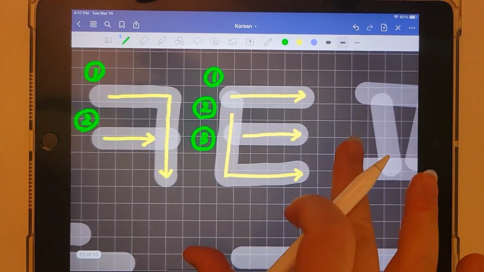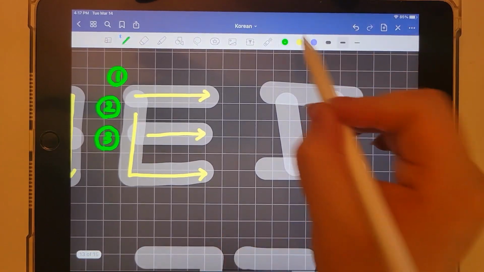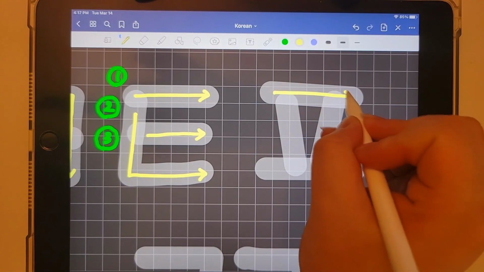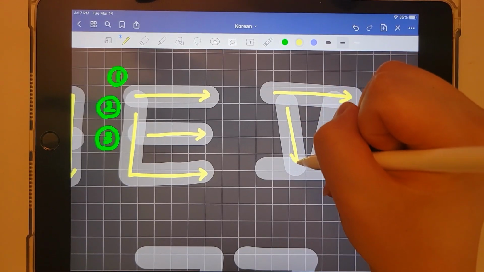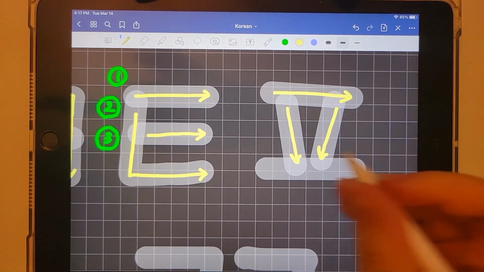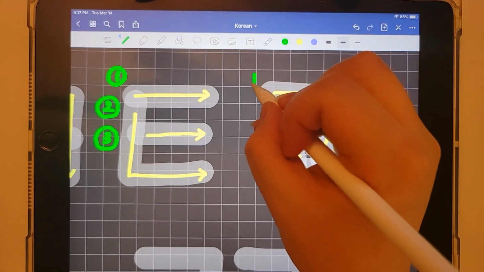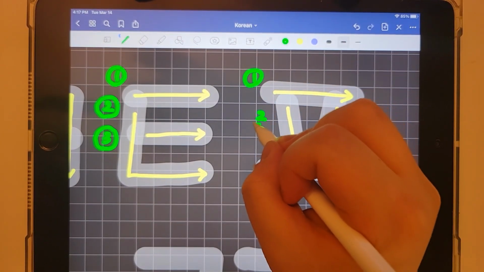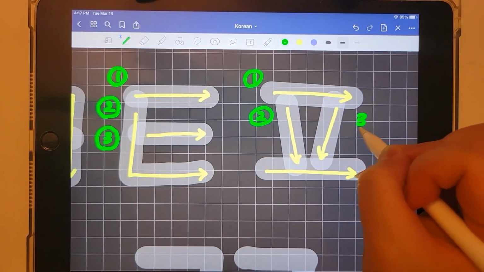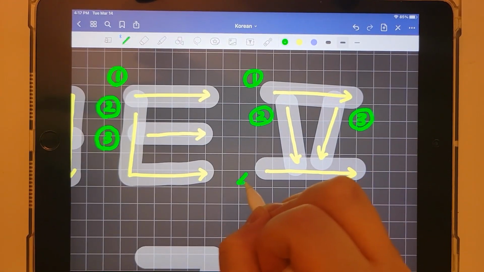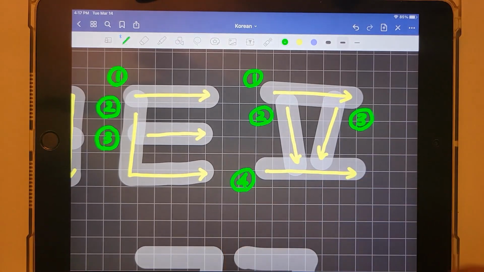Alrighty, then we have P, which has 4 strokes, and it starts with a horizontal and then 2 verticals that's sort of at a slant, and then the 4th one is another horizontal.